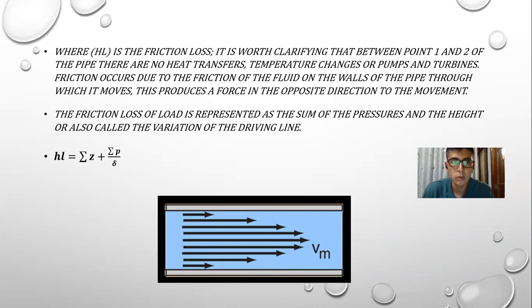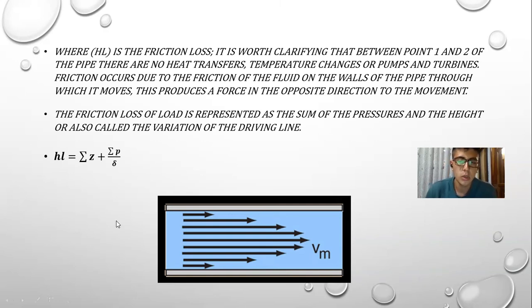Friction occurs due to the friction of the fluid on the wall of the pipe through which it is moved. This produces a force in the opposite direction to the movement. The friction loss of the fluid is referred to as the sum of the friction and the height, also called the variation of the driving line.